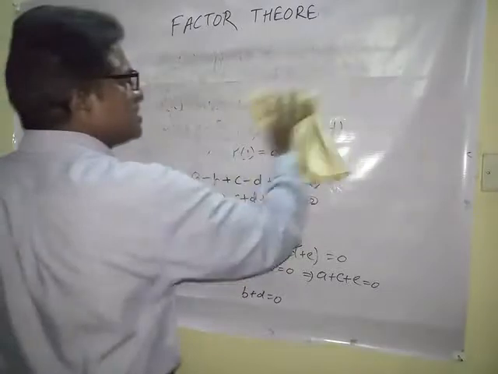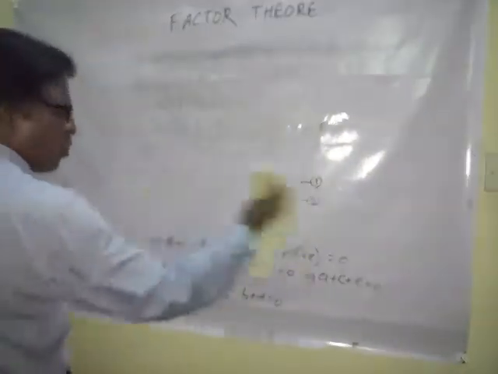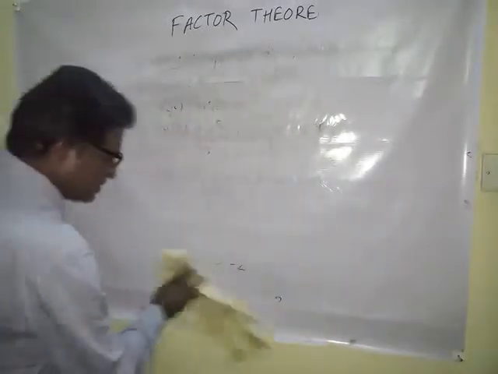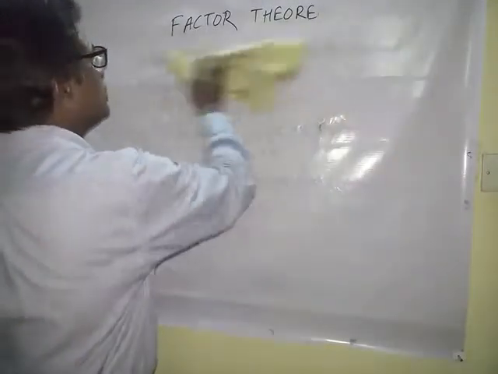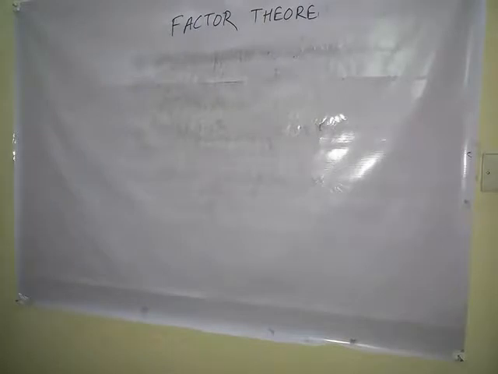Now, there is one question we have seen: what must be added to an expression so that it is completely divisible by so and so. Such kinds of problems are there in polynomials also.